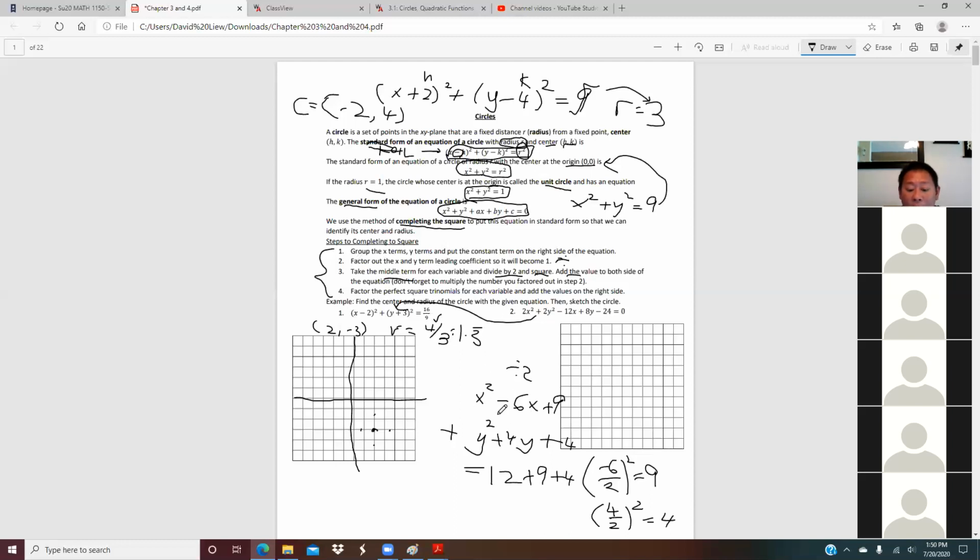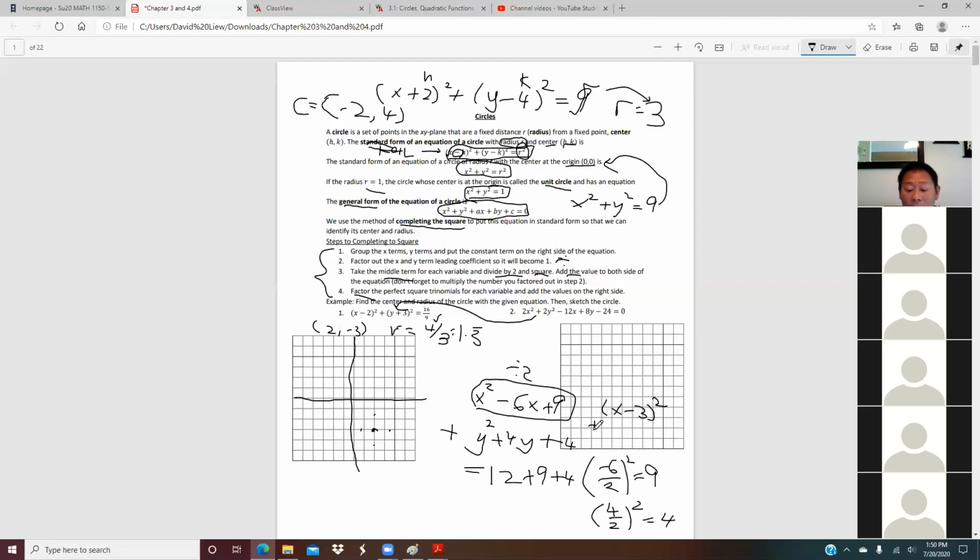And then this trinomial, step 4, this trinomial can be factored, and the factor will look like this, x minus 3 squared. So how do I get this negative 3? It is half of this negative 6, or the square root of 9, one of those.